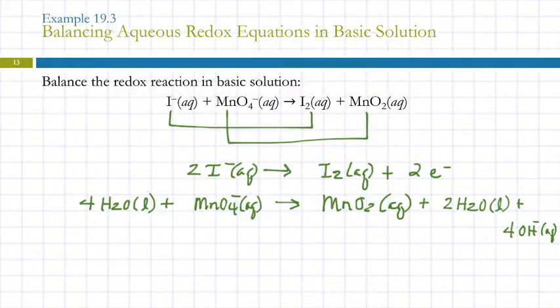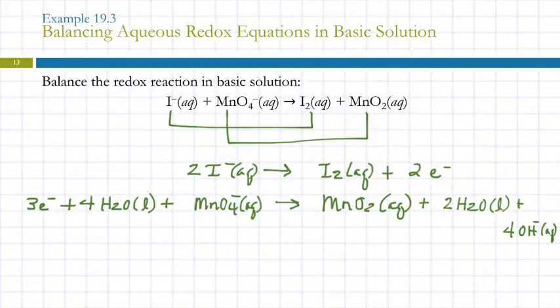So I have to add 3 electrons here. Are you okay with that? Then we have to make sure the number of electrons is equal, and it isn't. So I need to multiply this top reaction by 3 so that I can make this 6 electrons.